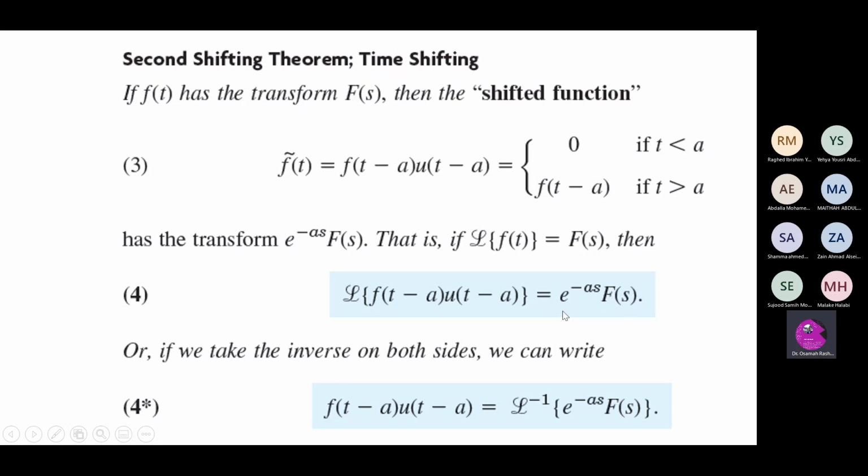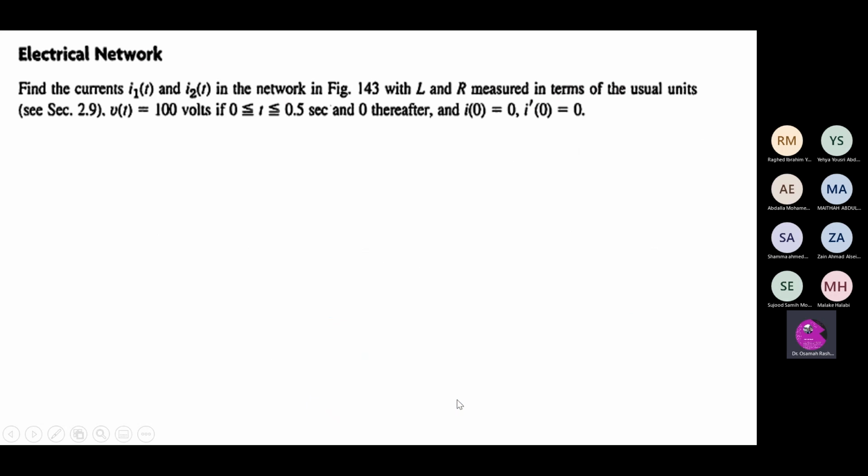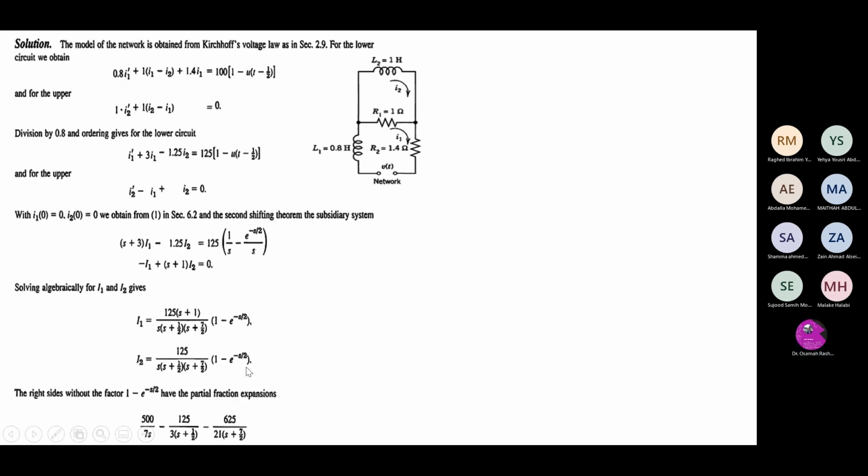Forget about e to the minus as for now, and look at the F of s itself without e to the minus as, and find the Laplace inverse of this one. Okay, so you get f of t. Now what you are going to do is replace t by t minus a and multiply by the unit step function of t minus a. This is what happened here, right?